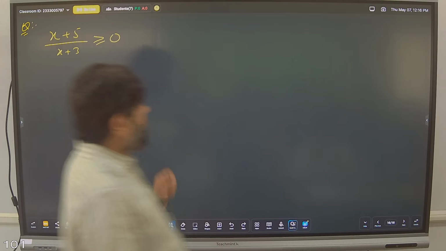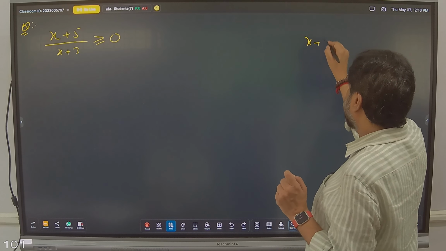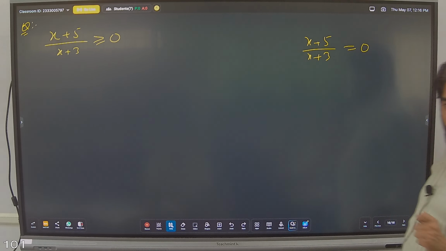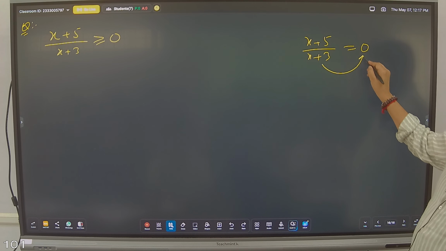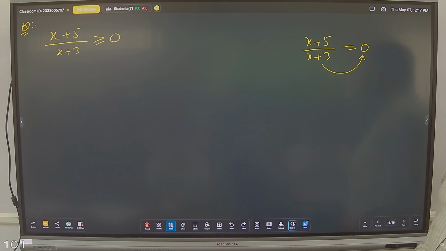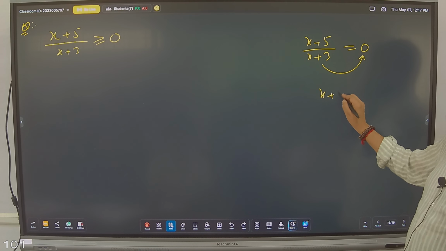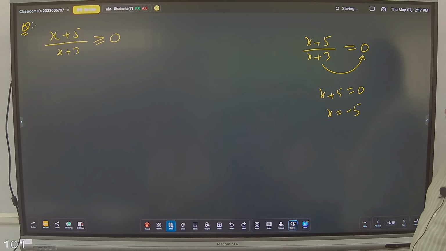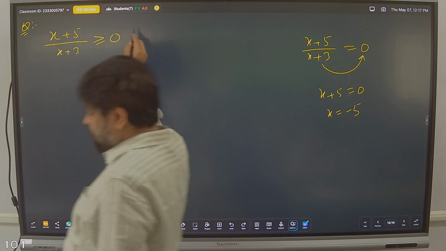Generally, if I have to solve this, what did we used to do? First we used to multiply it here. Yes or no? Without any problem, and we'll get this answer. No issue at all. Can we multiply it here?